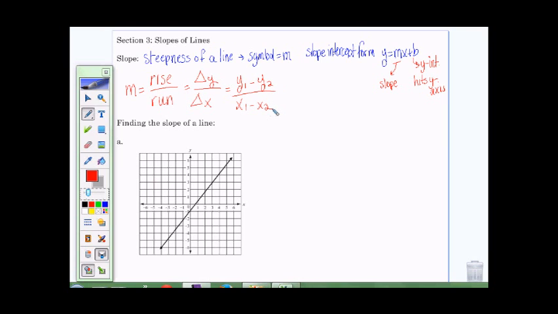So we can look at the rise over the run. This is how far you went up or down versus how far you went over. Delta meaning change, so how much the y's changed over how much the x's changed. And to find that, you subtract the y's and subtract the x's.